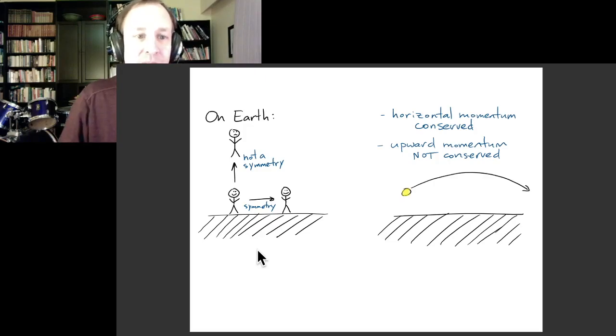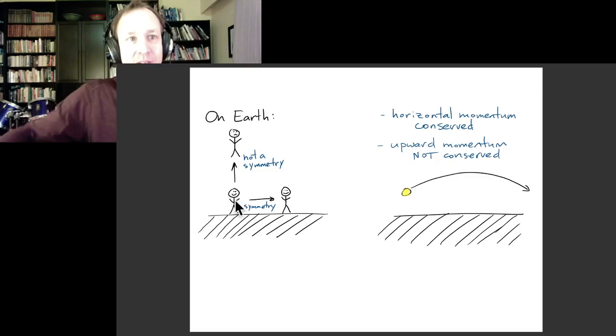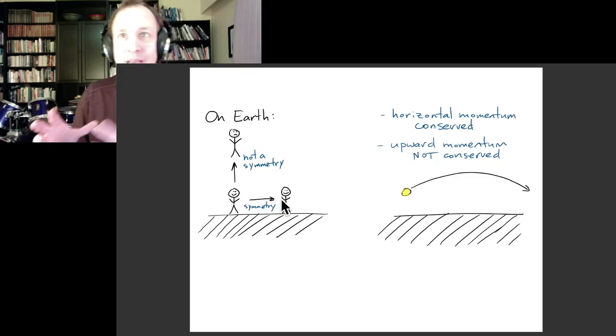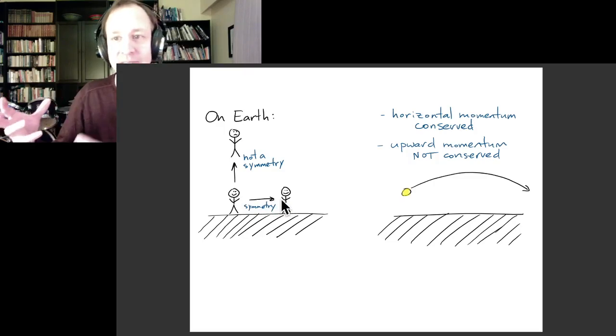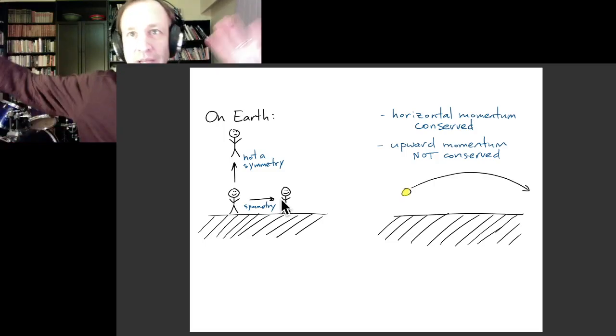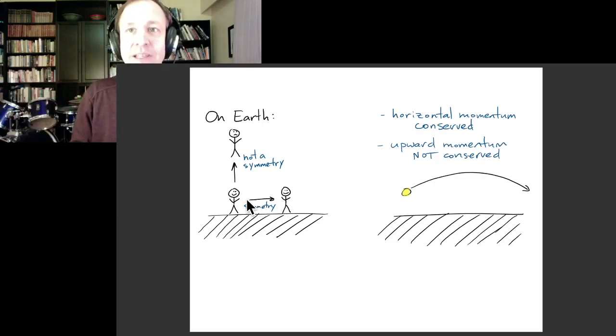If we're here on Earth, then moving horizontally is basically a symmetry. Suppose for simplicity we're just in a flat plane and there's no interesting geography. Then things would pretty much look the same moving horizontally.